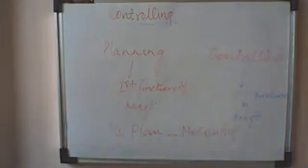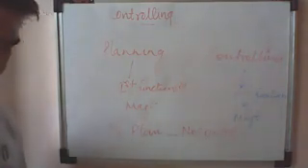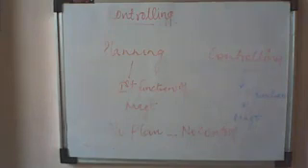In the same way, controlling is considered a backward looking function because it measures and compares actual performance with the standard, and controlling is also a forward looking function because it aims to improve future performance.